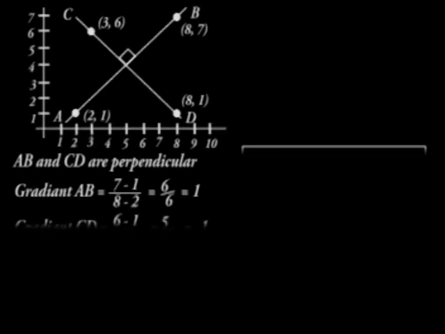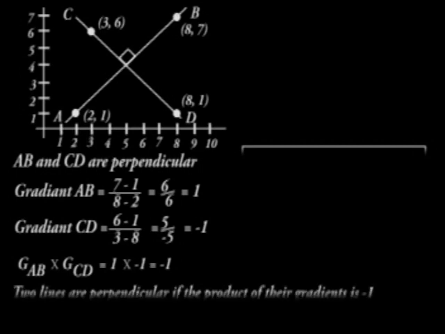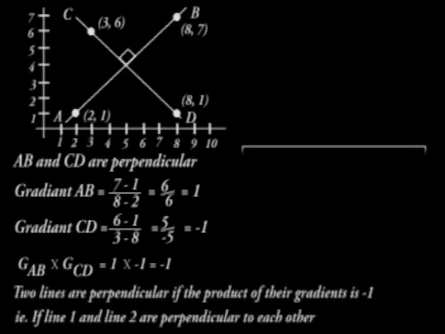Gradient CD is 6 minus 1 over 3 minus 8, which is minus 1. Gradient AB times gradient CD is equal to 1 times minus 1, which is equal to minus 1. Two lines are perpendicular if the product of their gradients is minus 1.